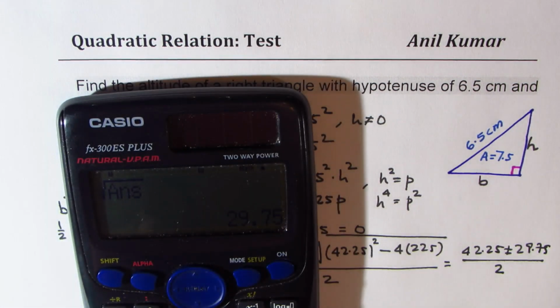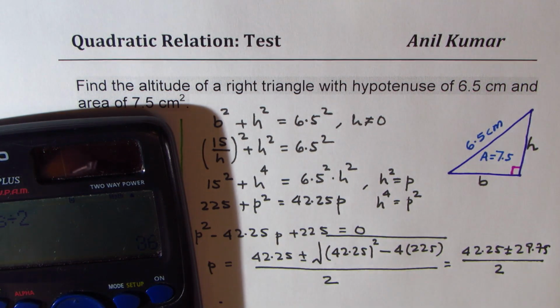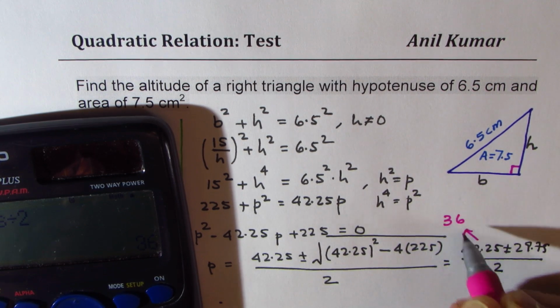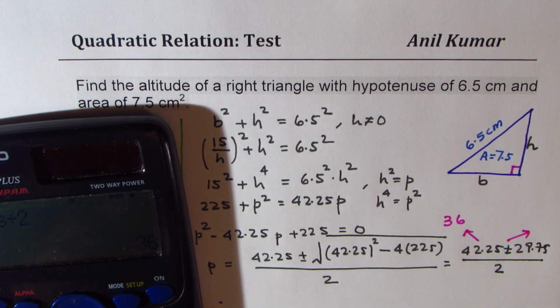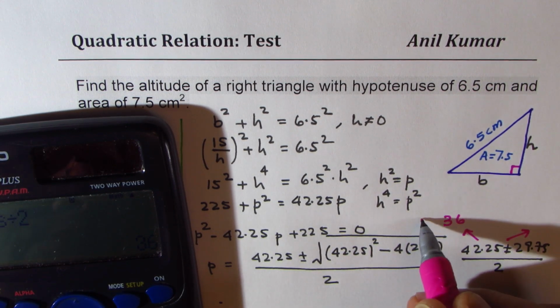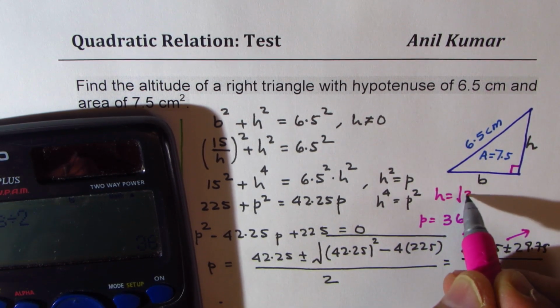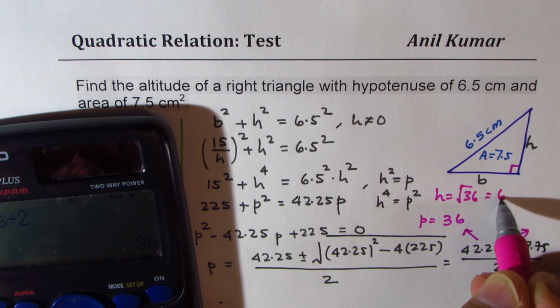Let's calculate first with the positive one. We'll add 42.25 and 29.75 and then divide by 2. That gives us 36. So one solution here is 36, right? 36 is the value of p, so h equals the square root of 36, which is 6.